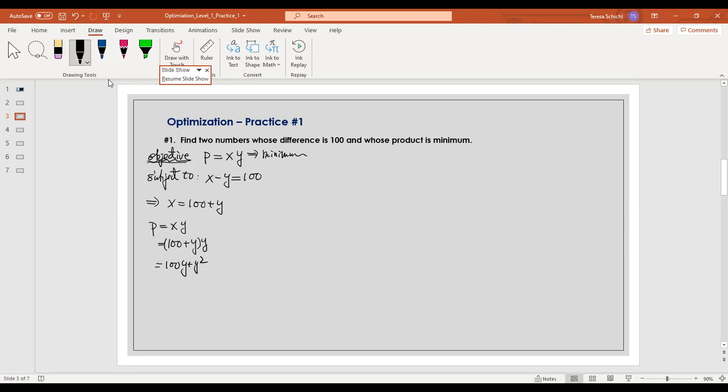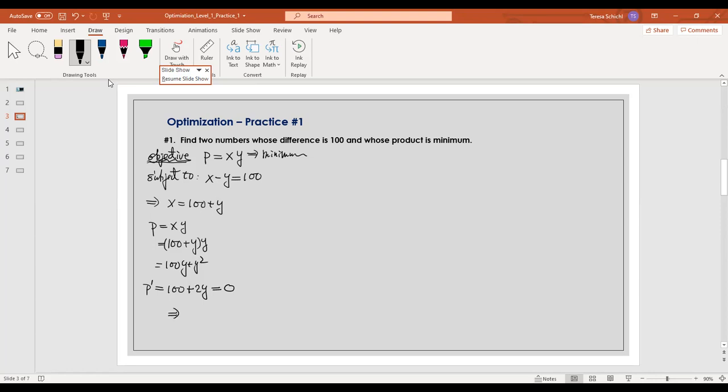Then in order to find the minima or the maxima, we need to take the first derivative. The first derivative is 100 for the 100y, and 2y for the y squared. Now we set this equal to 0 and solve it.